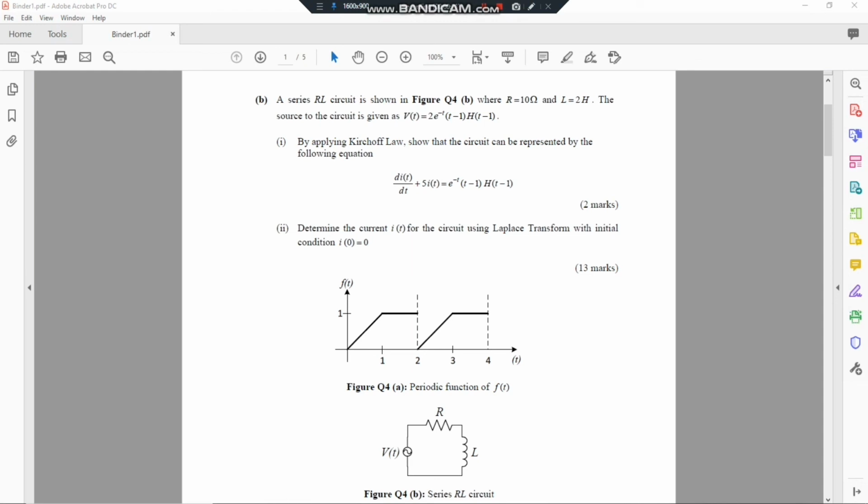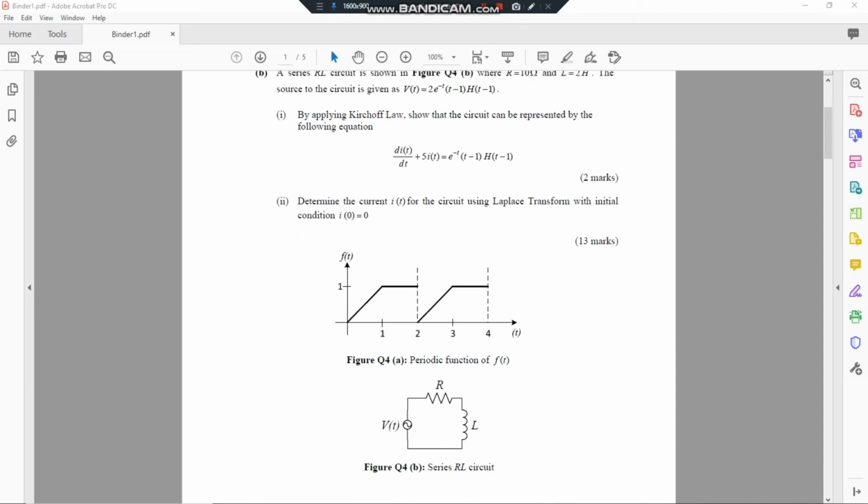By applying Kirchhoff's law, show that the circuit can be represented by the equation di/dt plus 5i(t) equals e^(-t) times Heaviside (t minus 1). For the second part, determine the current i(t) for the circuit using Laplace transform with initial condition i(0) equals 0.